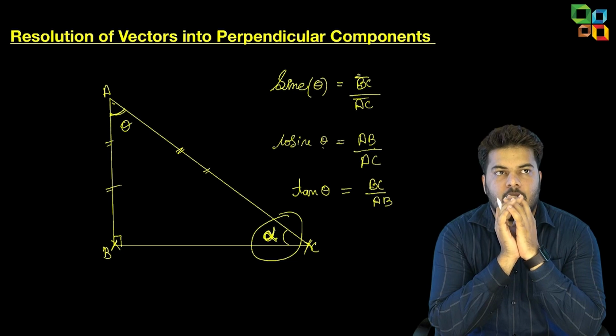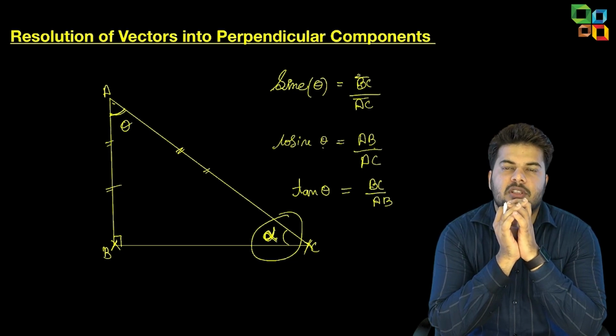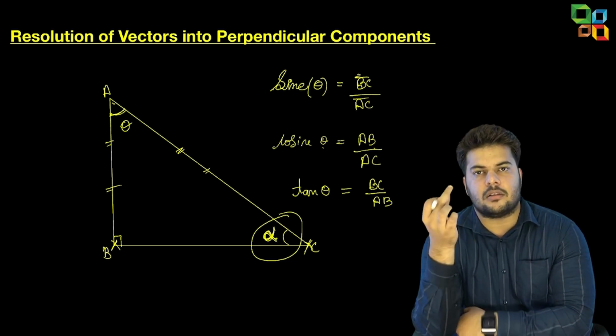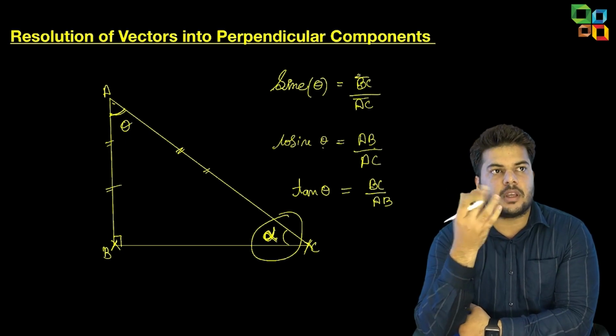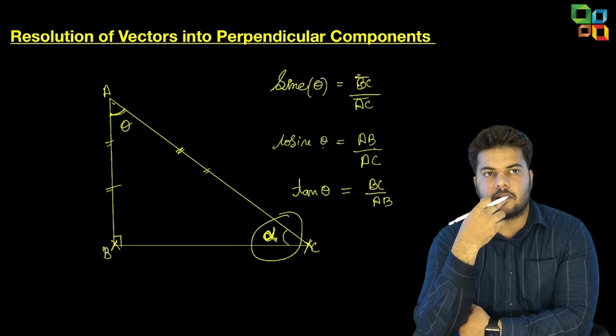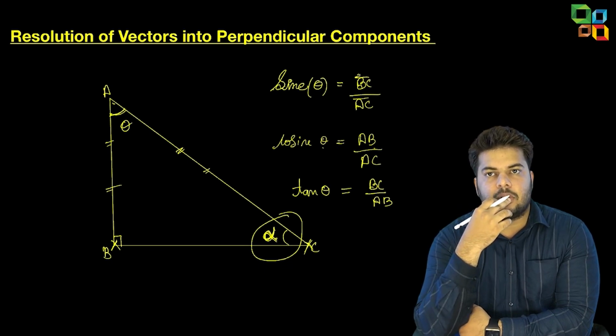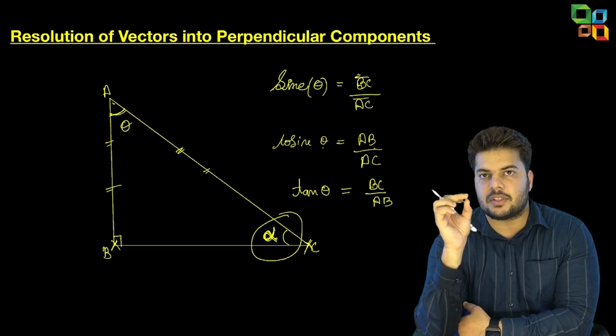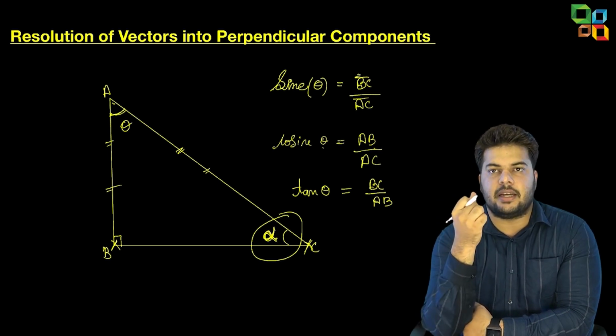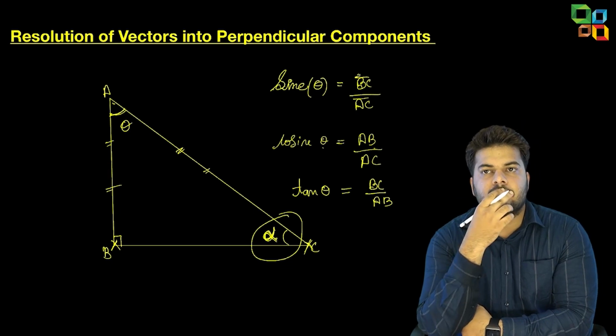Now, how many ratios are possible in that triangle if you're going to define trigonometric ratios? These are ratios, by the way, right? Length divided by length, isn't it? We have learned that in the units and dimensions class itself. So if you are going to define trigonometric ratios as side length divided by side length, how many ratios are possible?